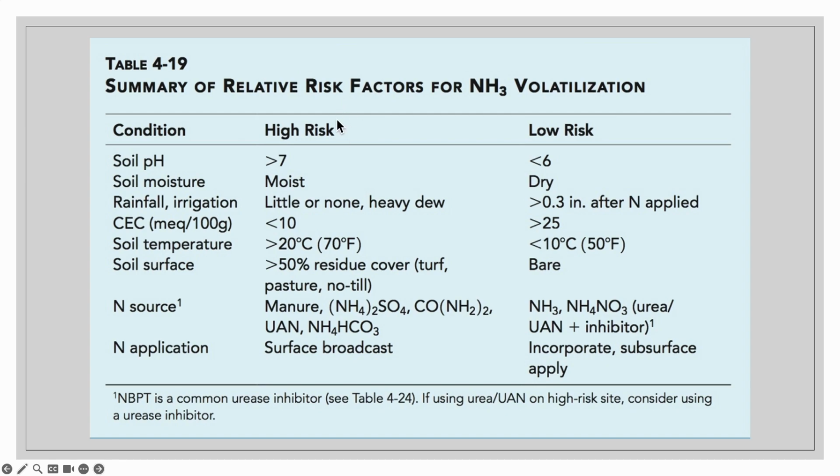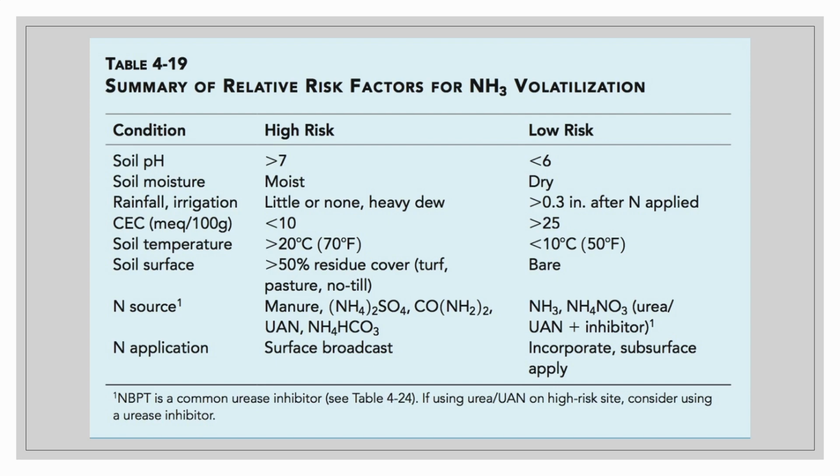And so here is this table that gives you an idea of when you are at risk for these different losses. So high pH, with a little bit of soil moisture, with no rainfall, and maybe a surface broadcast application. Remember that surface broadcast is one of the most economical, cheapest, quickest ways that we can apply fertilizer to our crops.